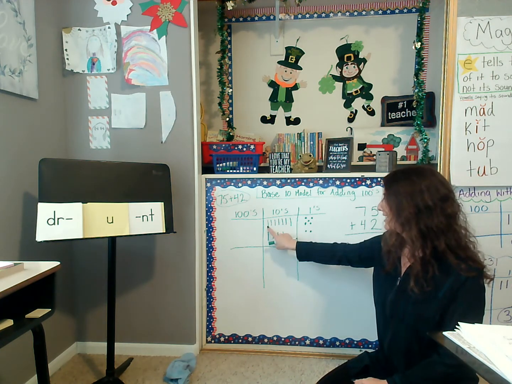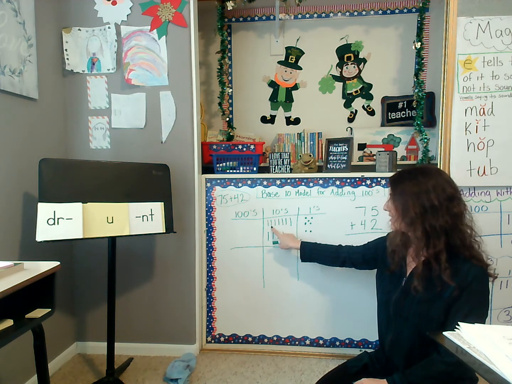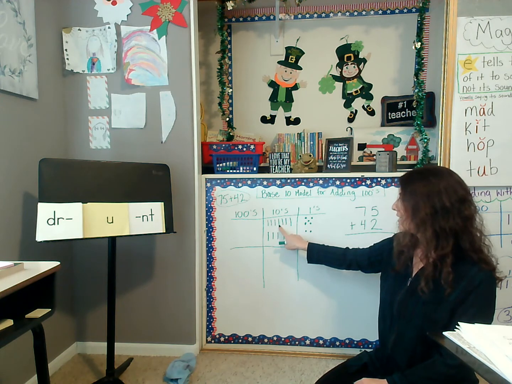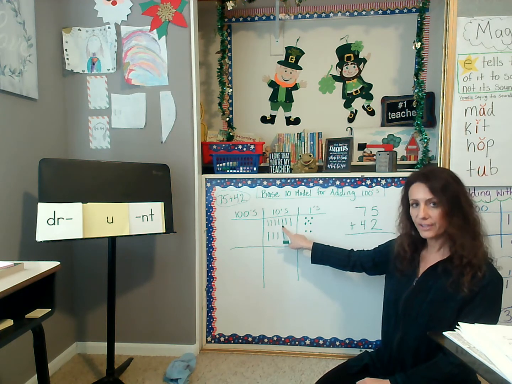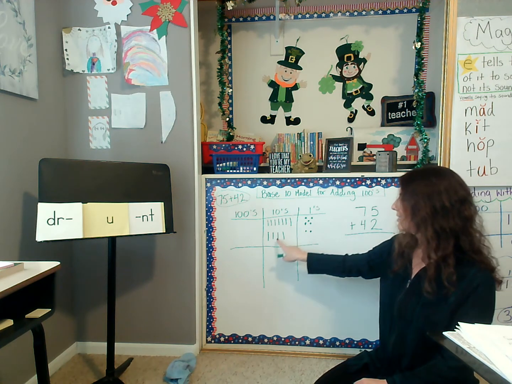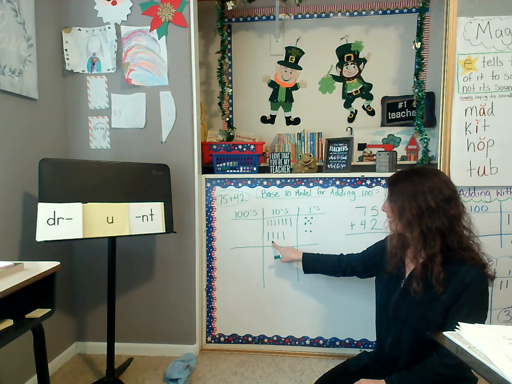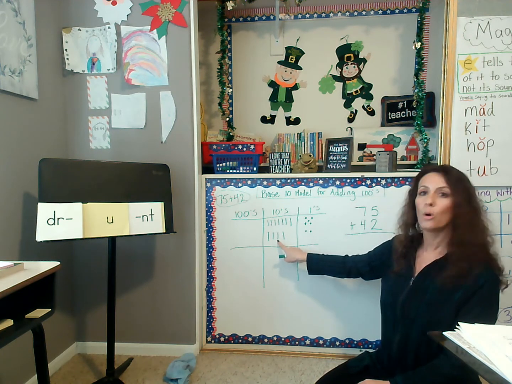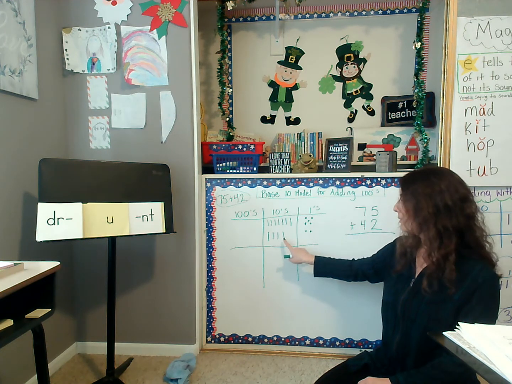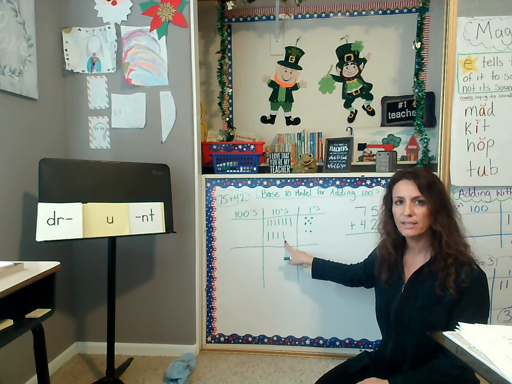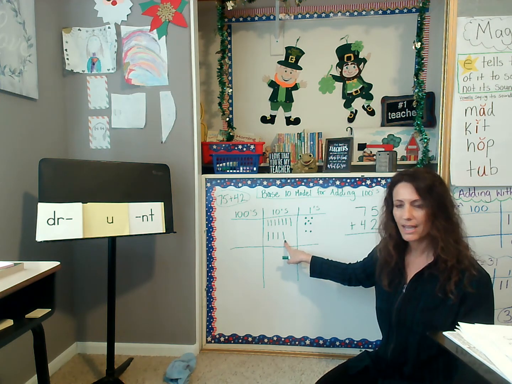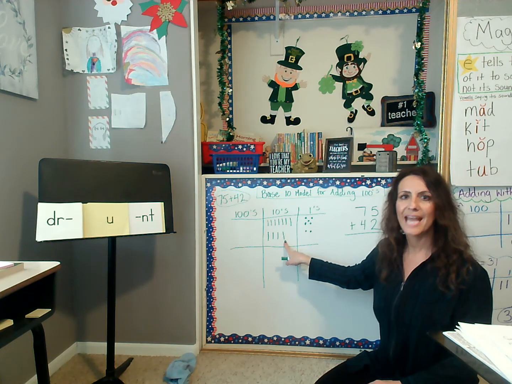Here we go. 10, 20, 30, 40, 50, 60, 70, 80, 90, 100, and we have one more 10. So when that happens, we say 110. We just start over again. 10. Okay? 110. Wow.